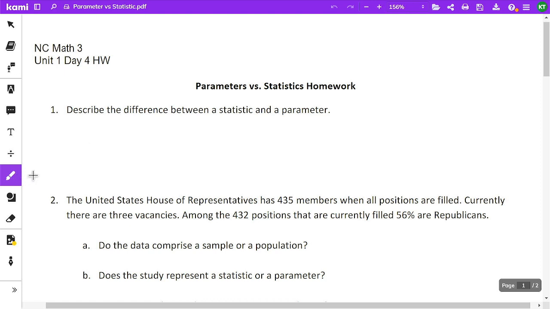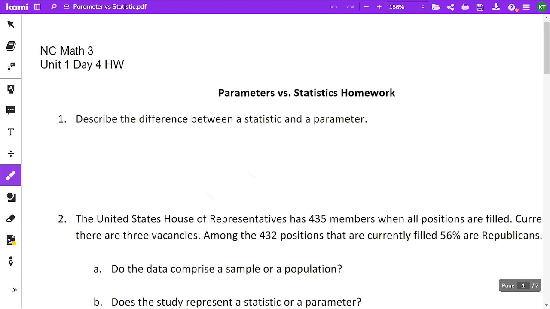So our first thing here is going to be describing the difference between a parameter and a statistic. We talked about this yesterday in the slides in our lesson.